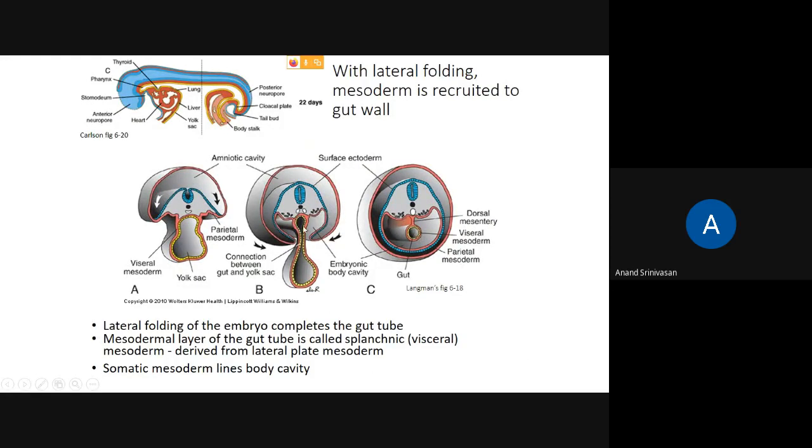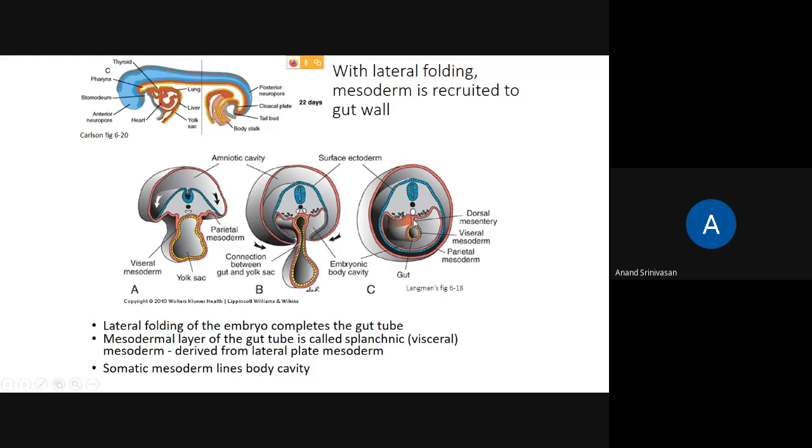Initially the gastrointestinal tract, the endoderm forming the gut tube, is present along with the body wall. But there will be an extension from the body wall, a part of the mesoderm, through which the blood vessels will come.